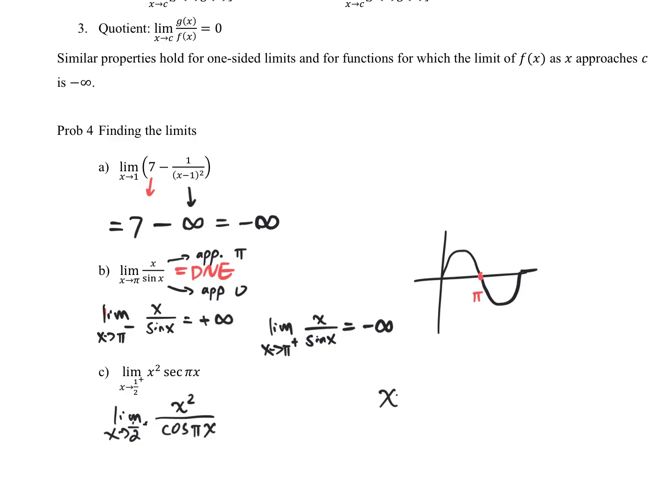So when x is approaching 1/2 from the right, let's take a look at the cosine function. We want to look at cosine of pi times x, with x approaching a half from the right.